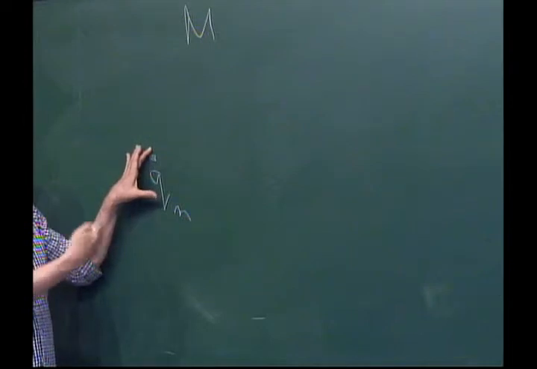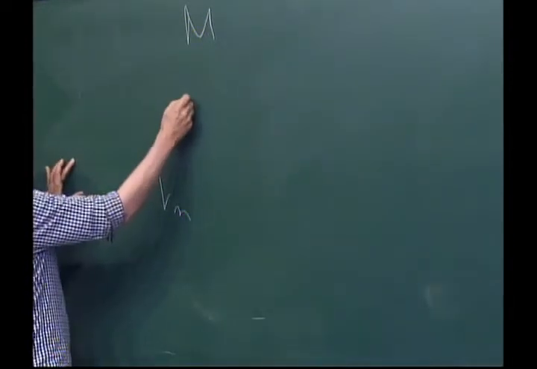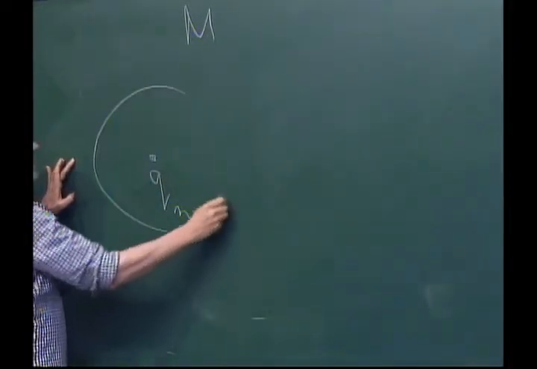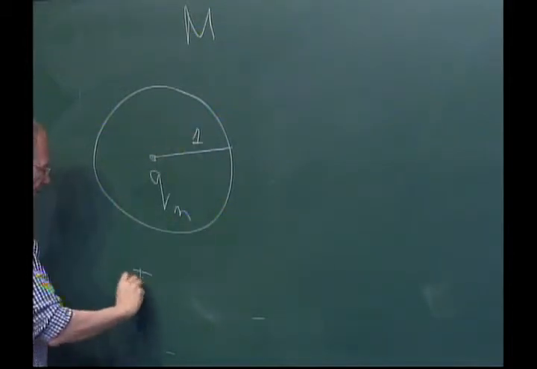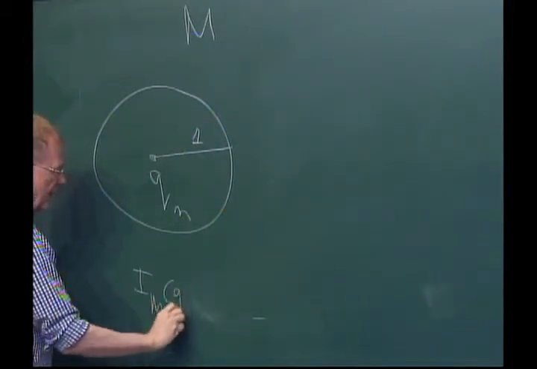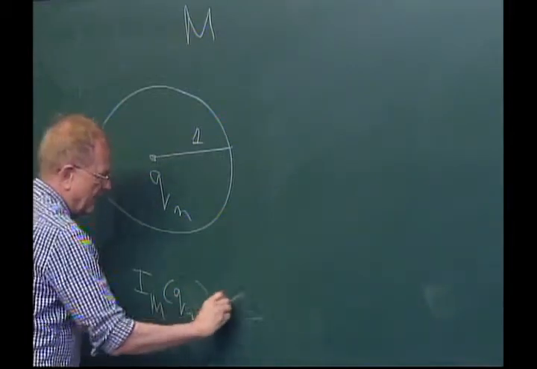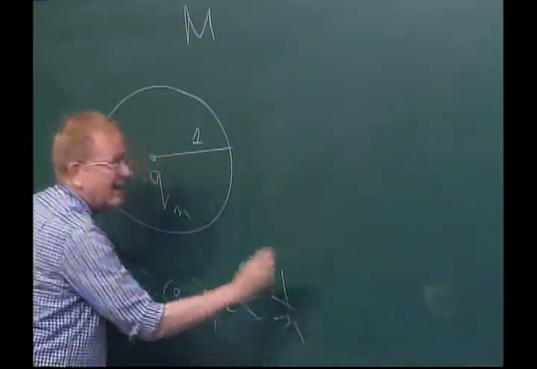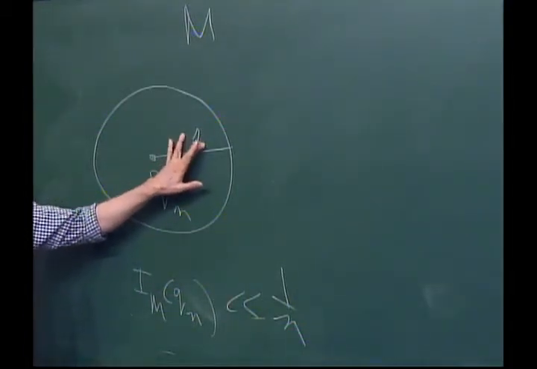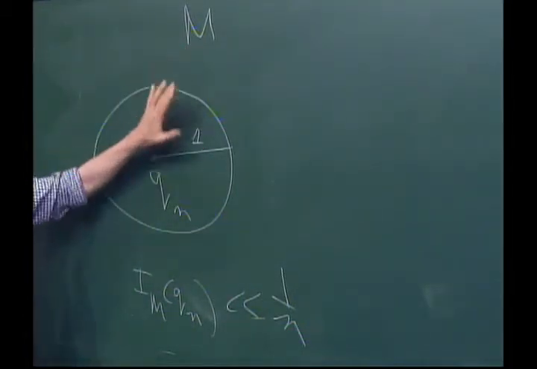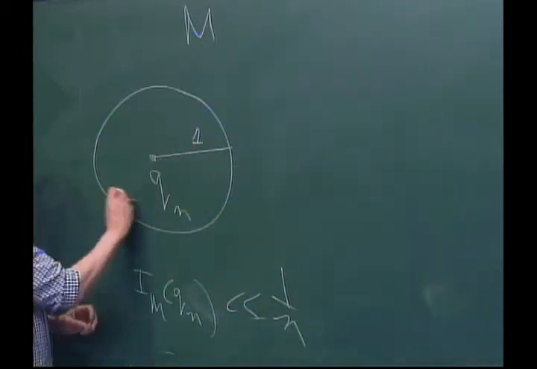Think of the injectivity radius at this point as extremely small. Then in the ball of radius 1, the injectivity radius function at Qn is much, much smaller than 1 over n. It's really, really small. But I restrict myself to the intrinsic ball in M of radius 1.